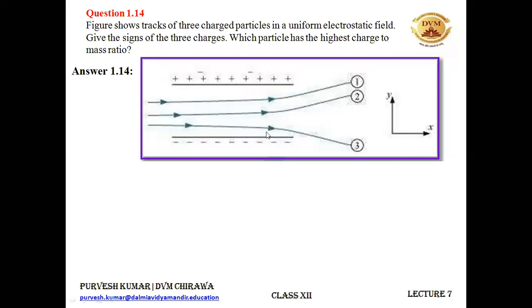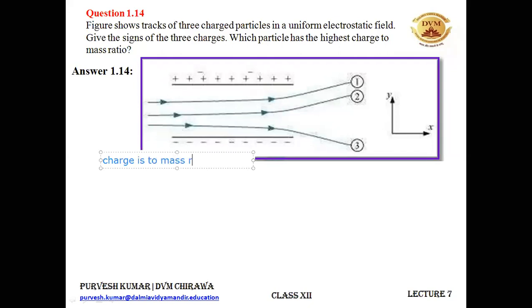All right. So the charge to mass ratio is Q upon M. What is charge to mass ratio? It is Q by M. All right.